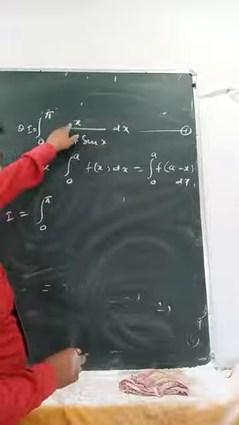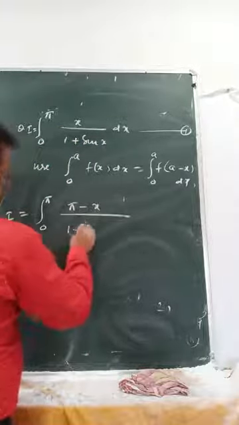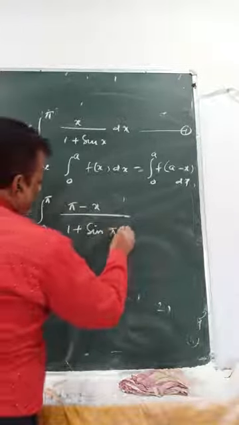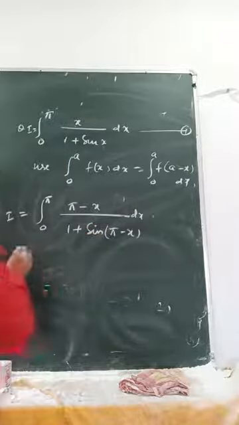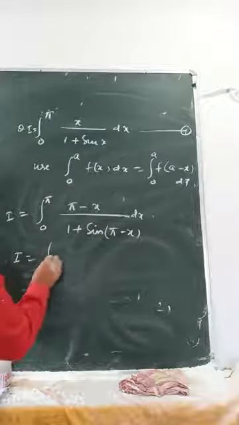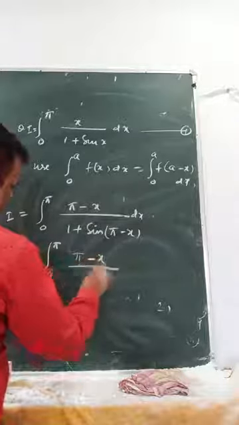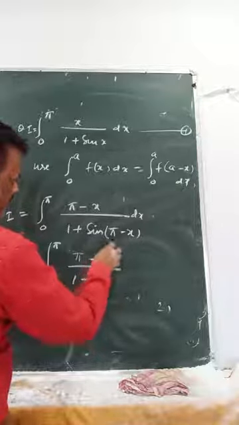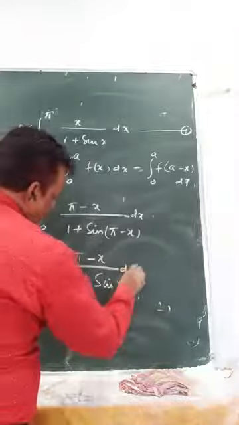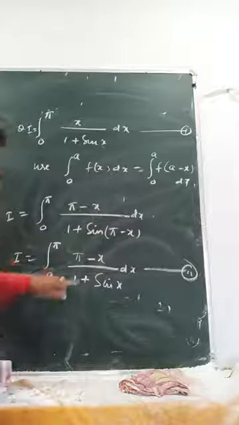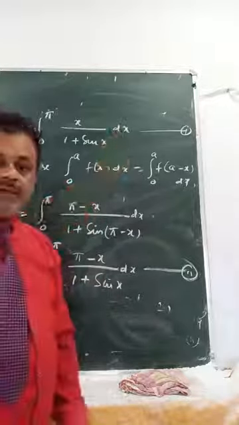Pi minus x by 1 plus sin(pi minus x). Integral 0 to pi of (pi minus x) by 1 plus sin 180 minus theta, second quadrant positive, sin x. This is equation 2.